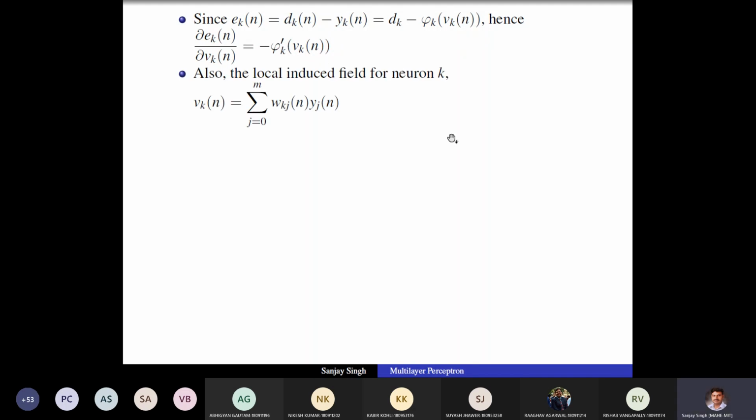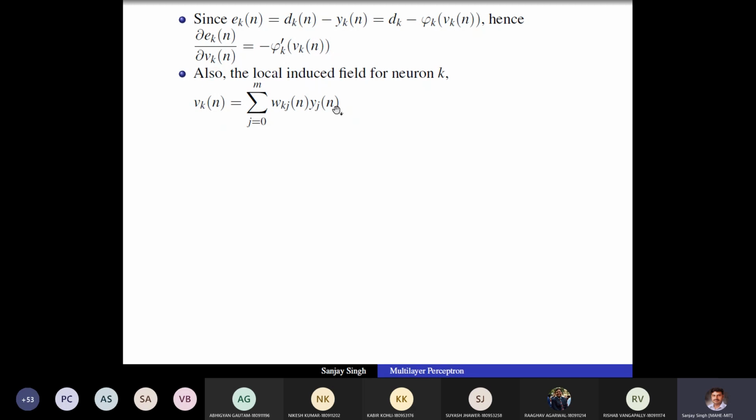Also, the local induced field for the neuron k is nothing but the sum over j equal to 0 to m of wkj. Remember that earlier we used to write wji, but we are talking about the local induced field at the neuron belonging to the output layer. So it is wkj. So the neuron under consideration is k, not j, which is taking an input from the jth layer.